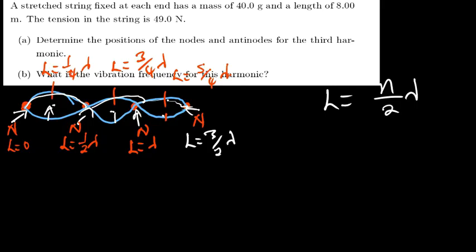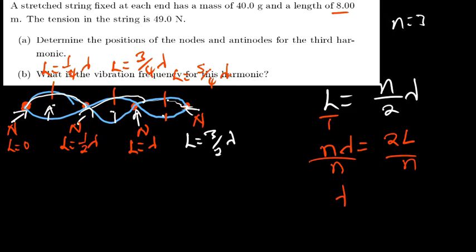Since we are talking about the third harmonic, n is equal to 3 in this case, and we've been told that the length is 8 meters. So I can make lambda the subject of the formula. If I cross multiply, I'll have n times lambda is equal to 2L. Let's divide both sides by n, so lambda will be equal to 2L divided by n.